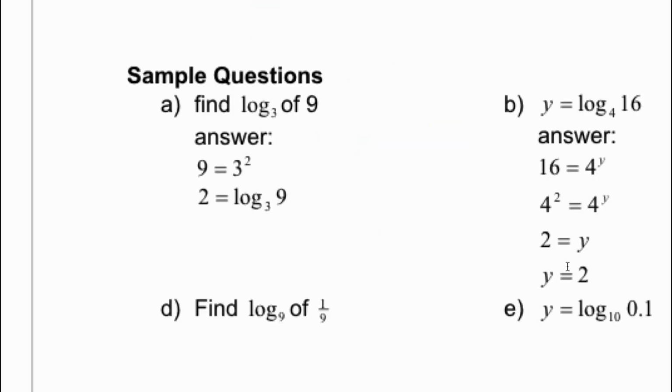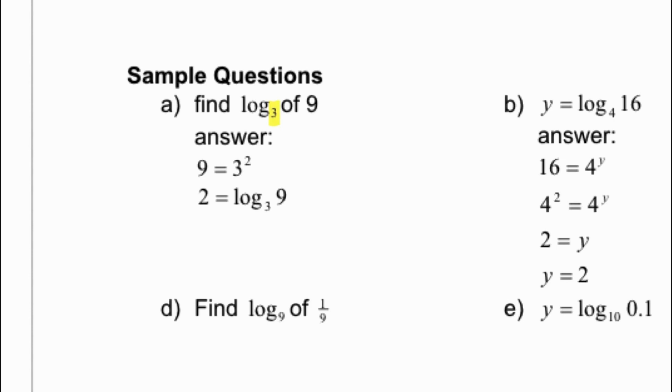Just so we understand the notation, we're going to go through some more examples just to understand what this terminology means. Now, let's take a look at our first sample problem here. Sample problem A. Now, in this case, what you're going to notice is that we're talking about a different base this time. Instead of base 10, this is base 3. So we're trying to find the log base 3 of 9. Well, let's convert that into the notation I showed you before.